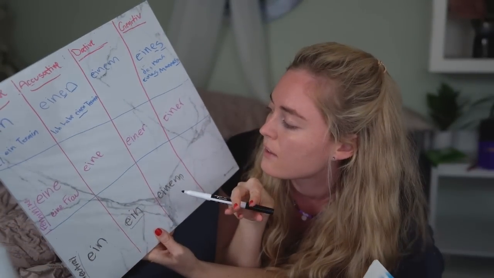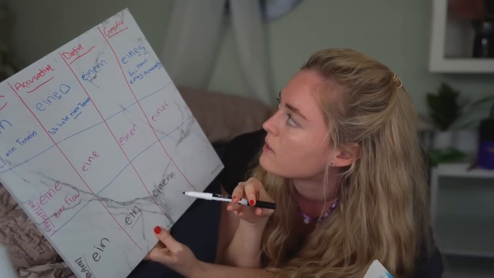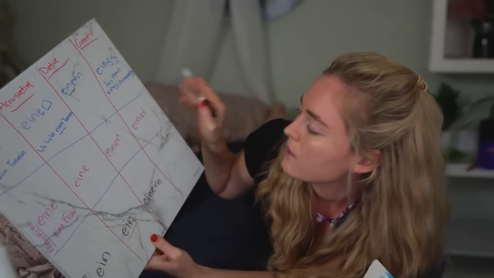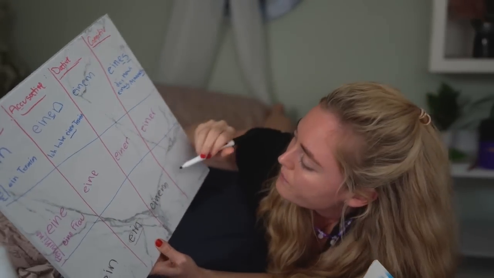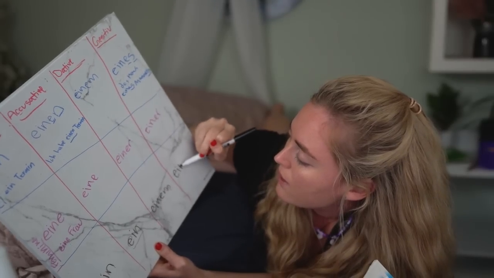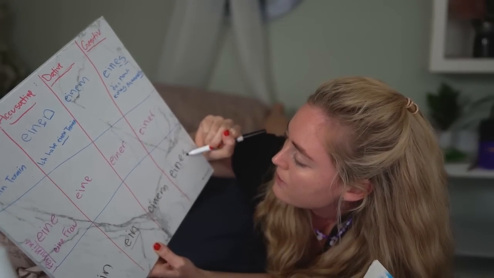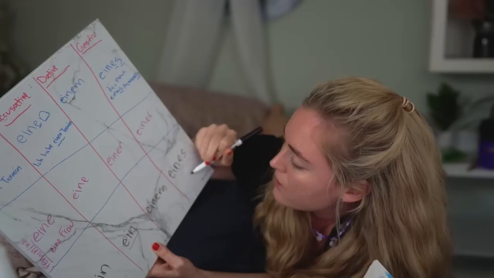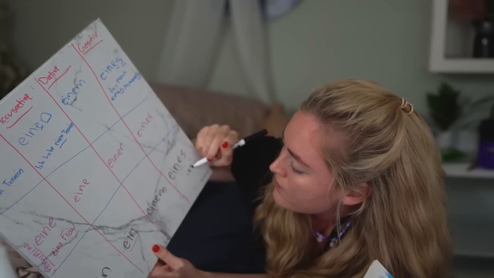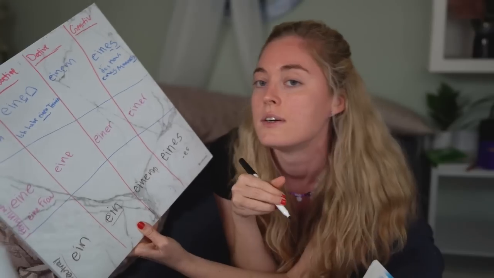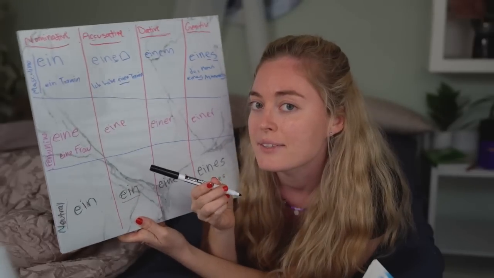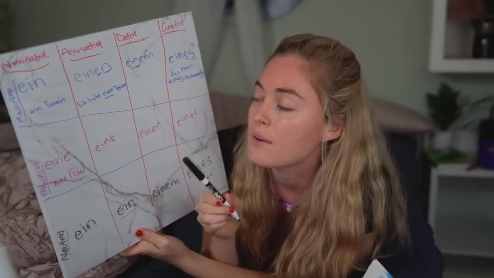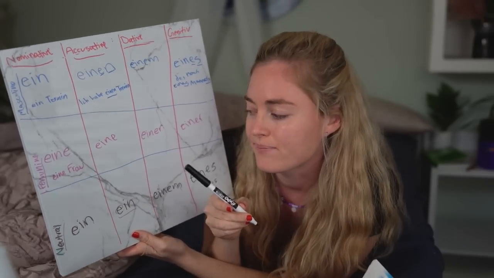And then genitive neutral is going to be the same as masculine. Eines, and then you add the es on the noun. I'm pretty sure. So this is how you say a in German.